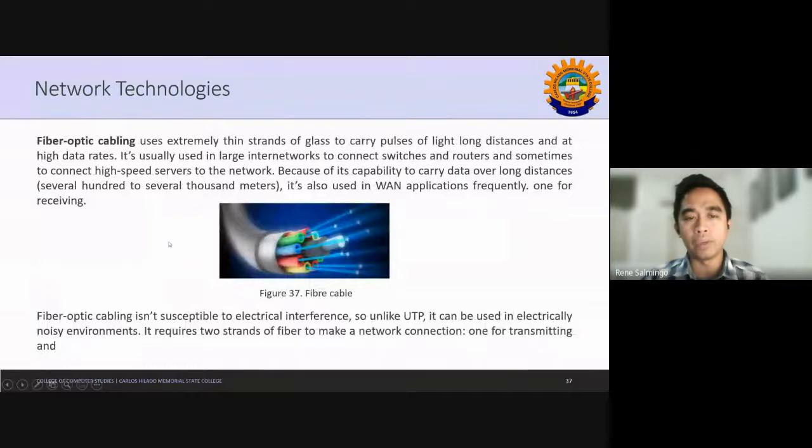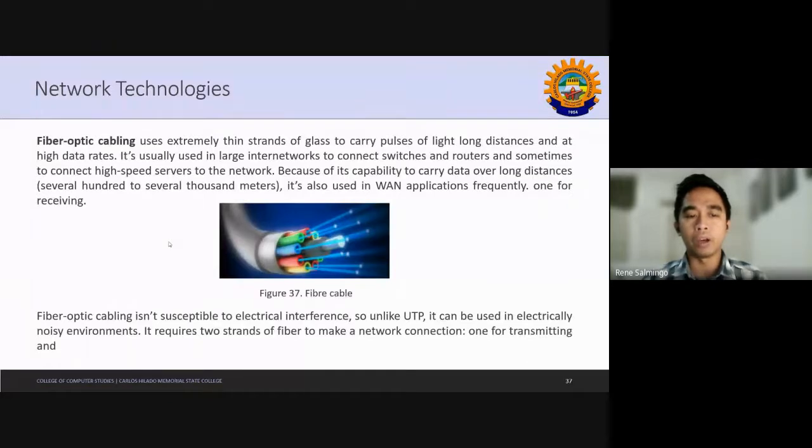Another communication medium is the fiber optic cable. It is an extremely thin strand of glass that carries pulses of light over long distances at high data rates, usually in large internetworks. It's used to connect switches and routers and sometimes to connect high-speed servers to the network because of its capability to carry data over long distances.